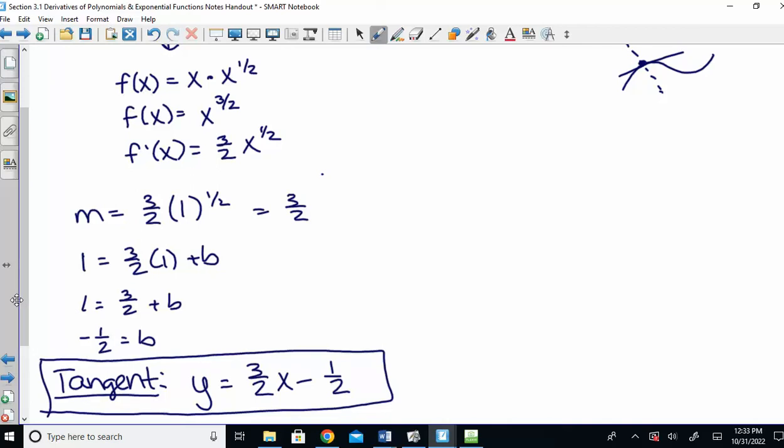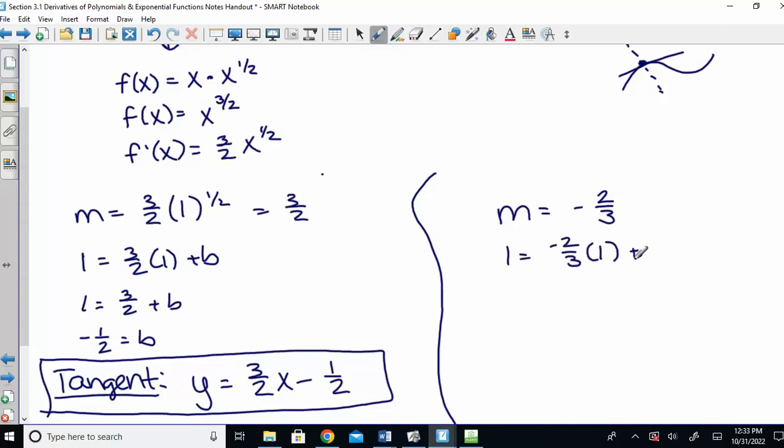Now, I also asked for the normal line. The normal line is just perpendicular to the tangent line. So what would be the slope of my normal line? Negative 2/3. Flip it and change the sign. So plug into y equals mx plus b.